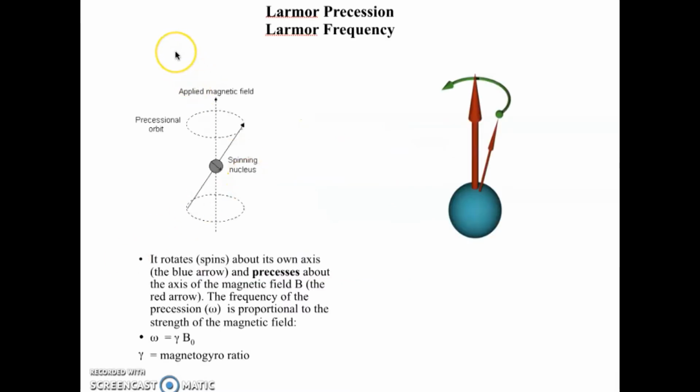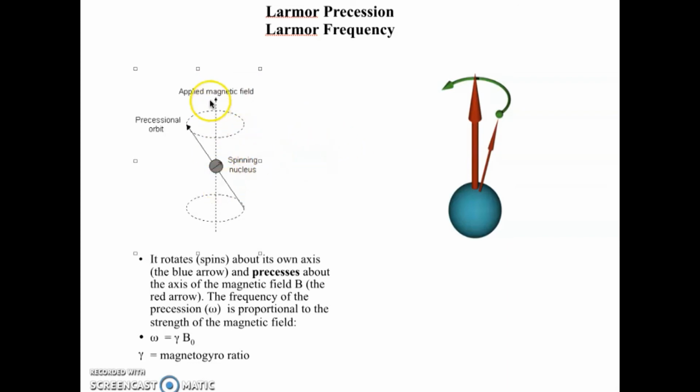And let me tell you an interesting fact. When an external force tries to pull or orient a spinning object, it will result in a gyration or precession. That is, the spinning nucleus will not be exactly oriented along the direction or the opposite direction of the magnetic field. It will precess about the direction of the external magnetic field, as shown here. You can see how a particle can precess.